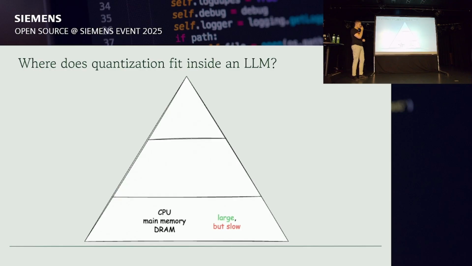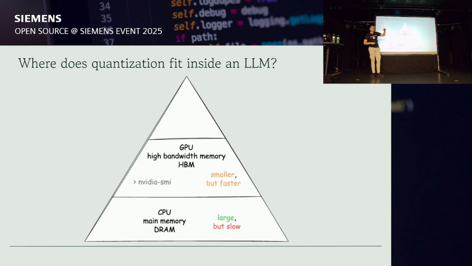So how does this look in practice? Inside our server, where we have the GPUs, at the bottom level we have the CPU. This is our main memory, which is really large, but also very, very slow. Then on top of that, we have our GPUs, which have high bandwidth memory, or HBM.